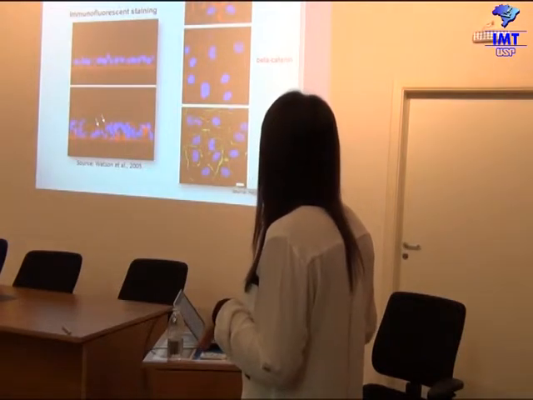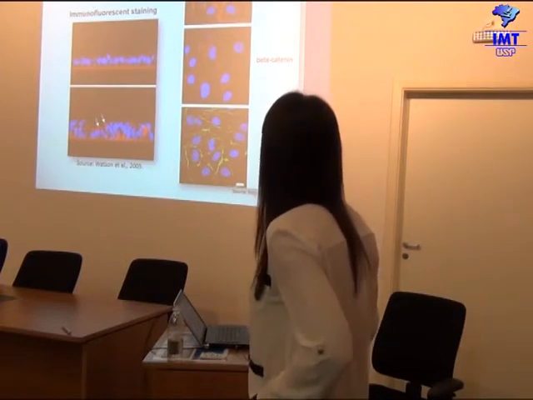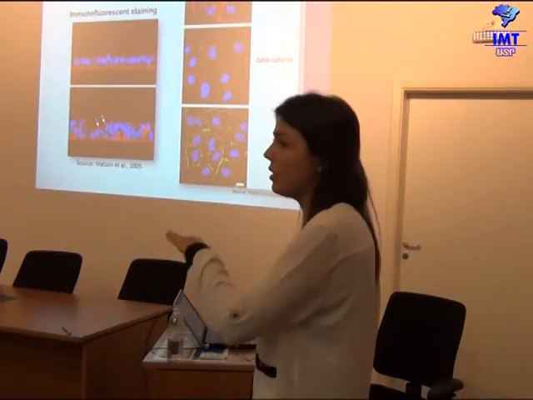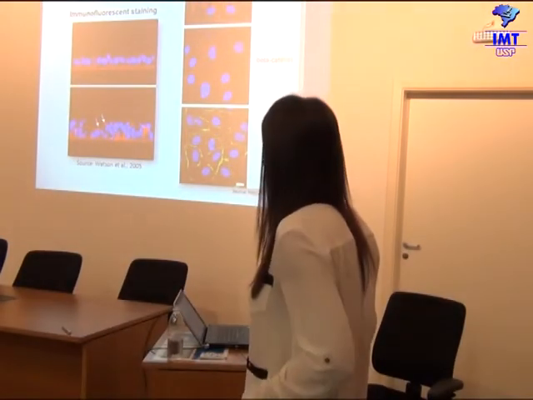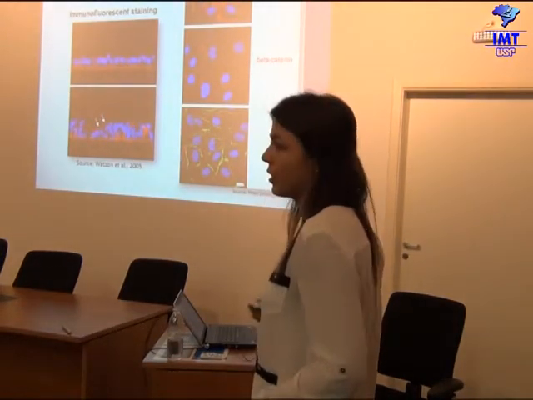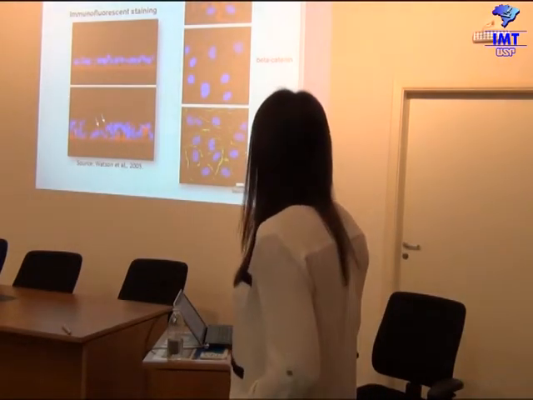Here we can see the expression of VE-cadherin by using specific antibodies. And also in this confocal microscopy, we can see if it's a real monolayer, well organized, differently from here, in which we don't have an organized culture of endothelial cells.